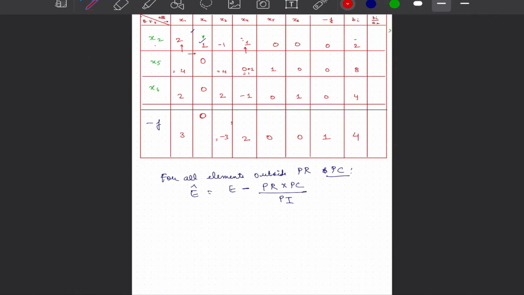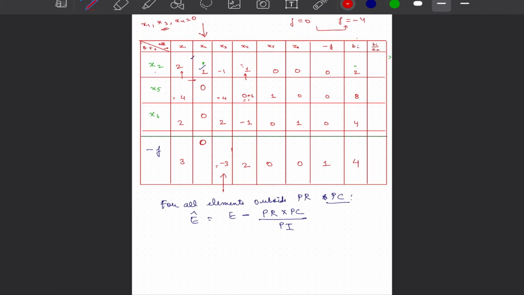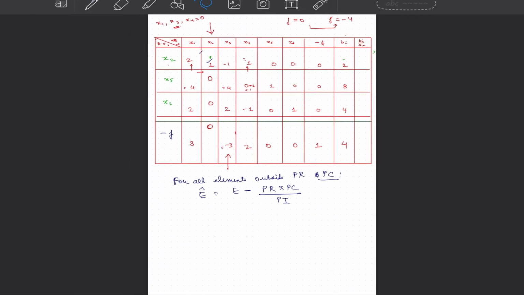That means x3 should enter now because it has the negative coefficient. And if we increase the value of x3 from anything above 0, the solution can be brought down further. So we will bring this in as an entry variable, and now we will identify the second exit variable. Last time we made x4 exit.